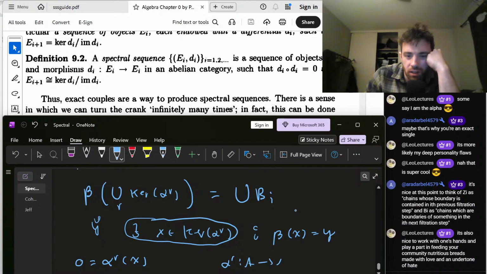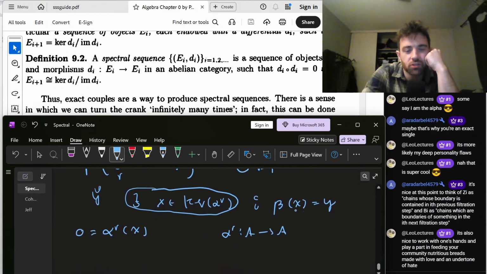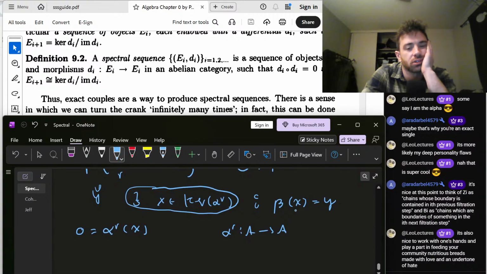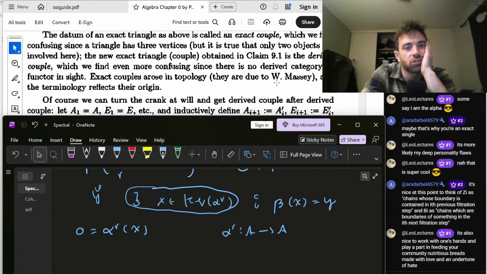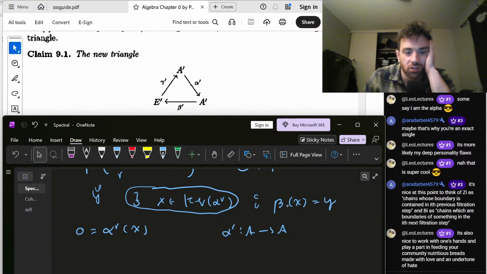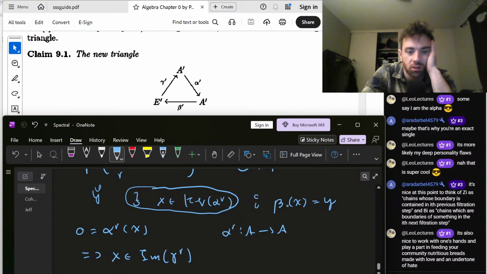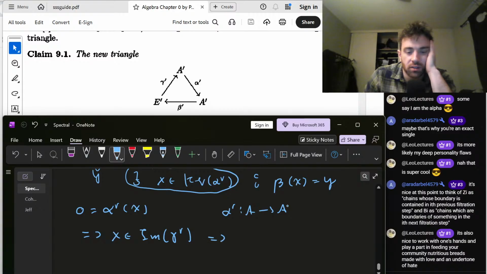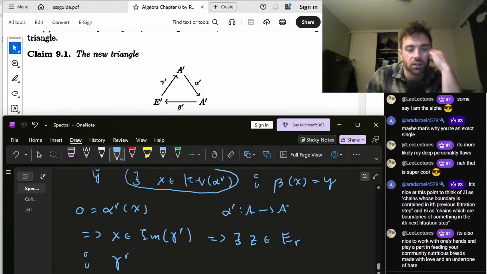But that means if you're in the kernel of alpha R, and this is an exact couple, then that means that you're in the image of gamma R. So that means that there is a Z in ER such that gamma R Z is X.